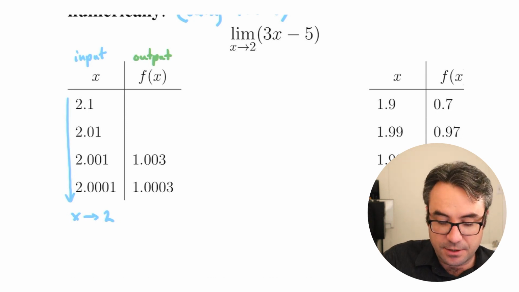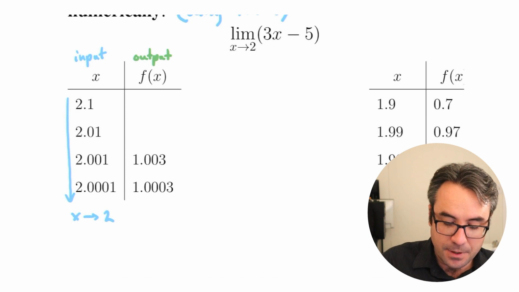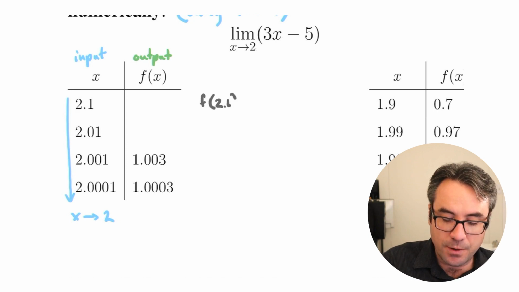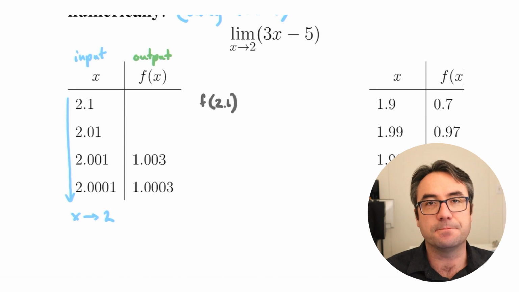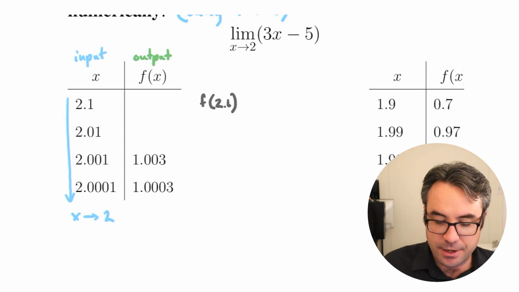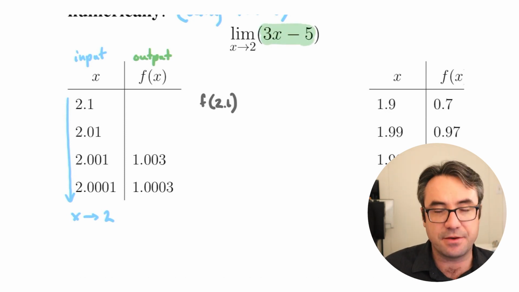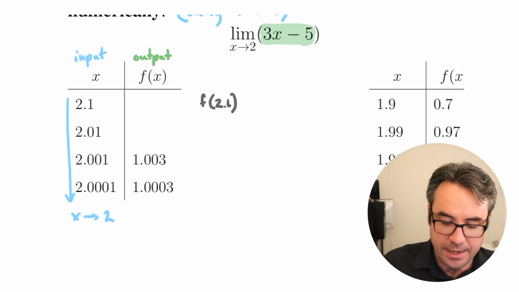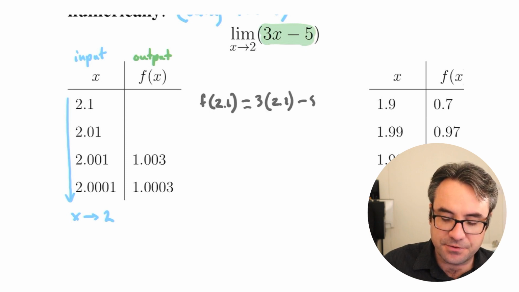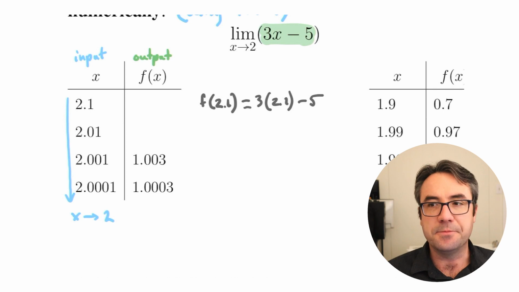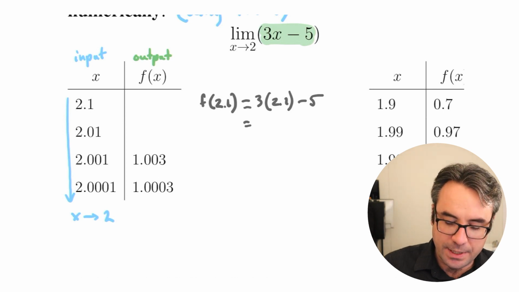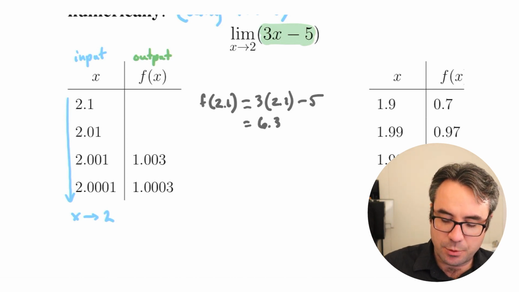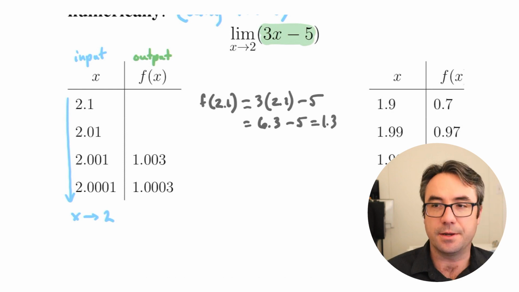As a little example, let's try 2.1. Let's plug 2.1 into our function, 3x minus 5. We get 3 times 2.1 minus 5. 3 times 2.1 is 6.3, minus 5, and we end up with 1.3.